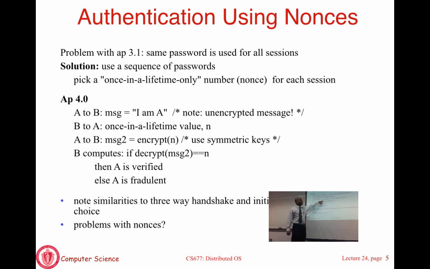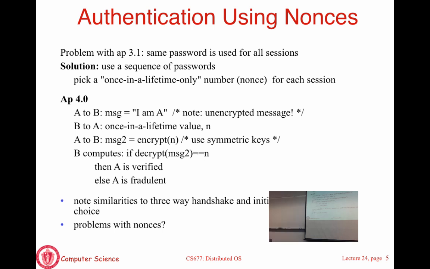Alice is then going to take that nonce and encrypt it with the session key that is only known to Alice and Bob. We still assume that there is a symmetric key that's only known to these two parties. So you encrypt that nonce and send it back. Here is the encrypted version of your integer. Bob is going to then decrypt that message, and if the decrypted message has the original nonce, Bob knows that it's Alice.